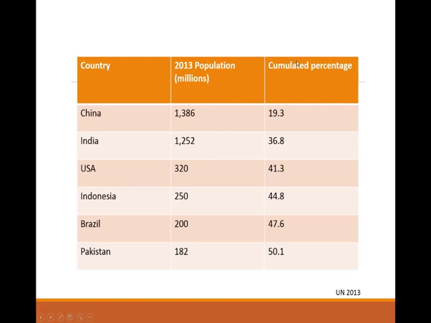This cumulative percentage means China accounts for 19.3% of the total world population, and when you add in India's population, that adds up to 36.8% of the total world population. So these 6 countries actually account for half of the world's population. You can see these numbers are quite large when you compare them to the previous slide looking at Australia's population of 24 million. So we're a lot less in terms of these bigger countries.